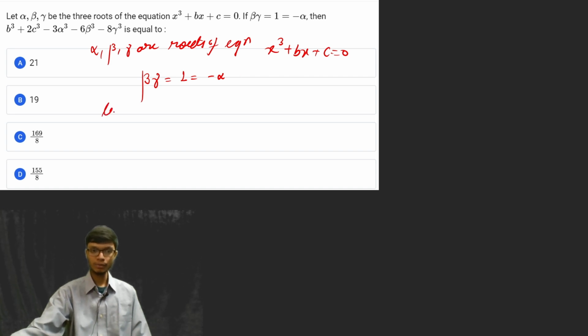Now the concept I will be using is the correlation between the roots and the coefficients of the x terms in a polynomial equation.